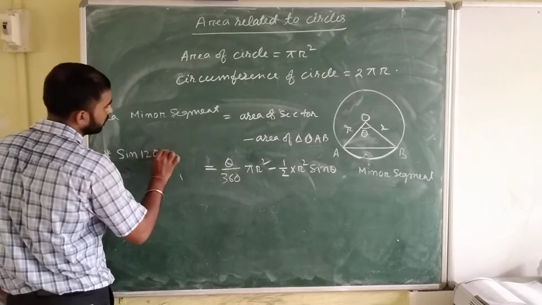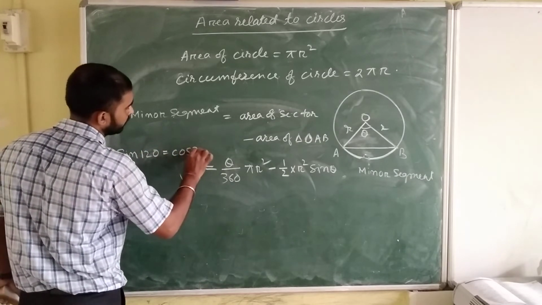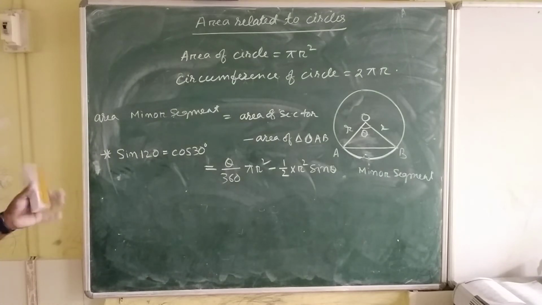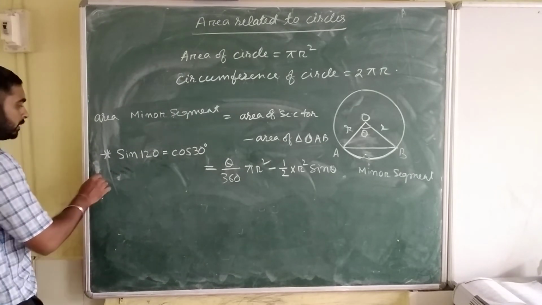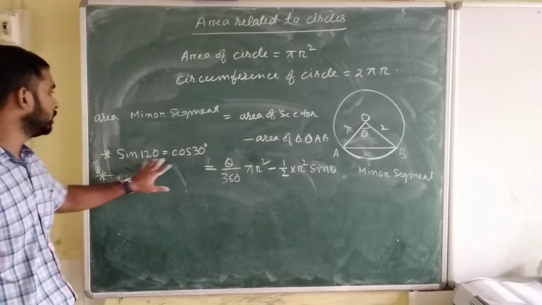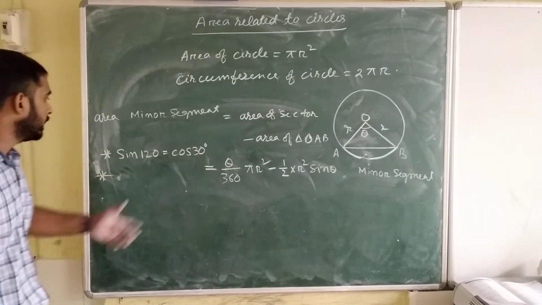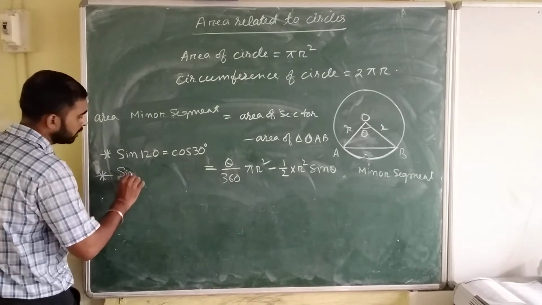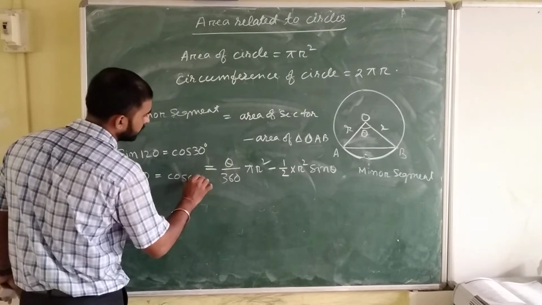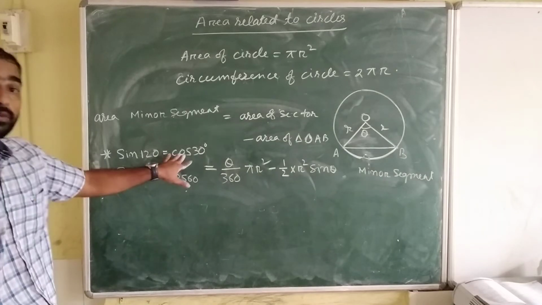Sine 120 equals cos 30. Why? That is knowledge for advanced maths. But in general maths, just memorize that sine of 120 equals cos of 30, and sine of 150 equals cos of 60. And you all know cos 30 equals root 3 by 2.